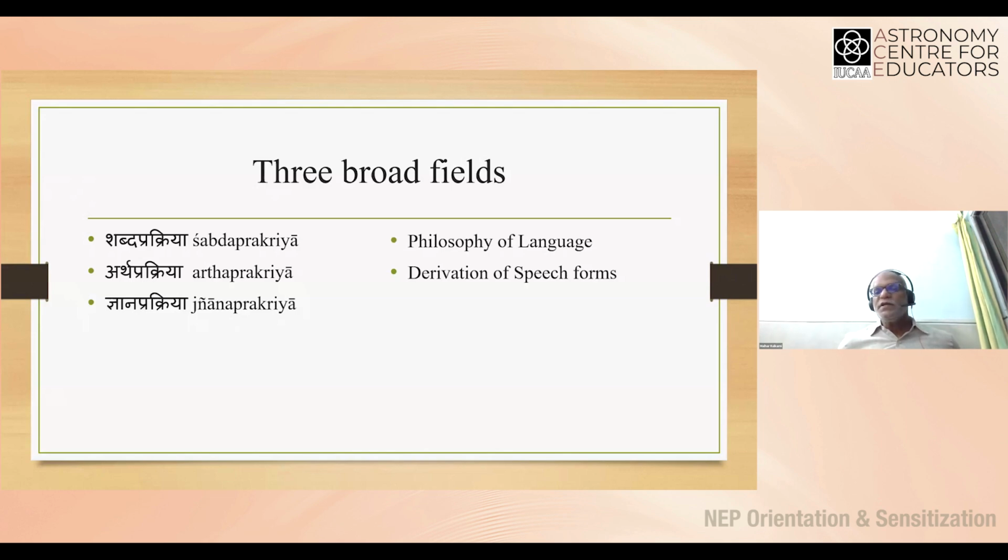So just as a sentence gets divided into the words, that happens primarily because the sentence meaning is divided into the word meanings. So the first process that happens is on the Artha Prakriya, on the meaning, where the sentence meaning is conceived by the speaker, and that sentence meaning is analyzed, segmented into the word meanings, and the word meanings are then segmented into the meanings of the morphs.